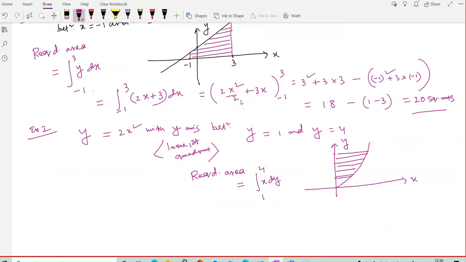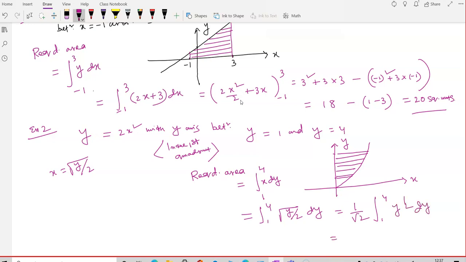But here x is what? If y equal to 2x square, x is root y by 2. You substitute, then integrate, you will be getting the area. You just keep 1 by root 2 outside, then your integration will be easier. You all know it very well how to find it.